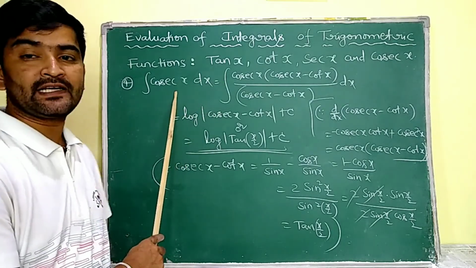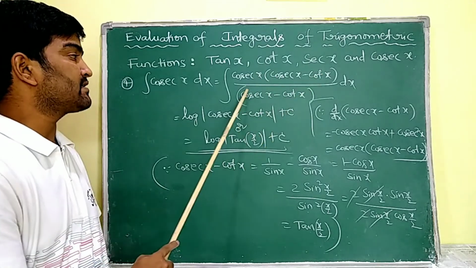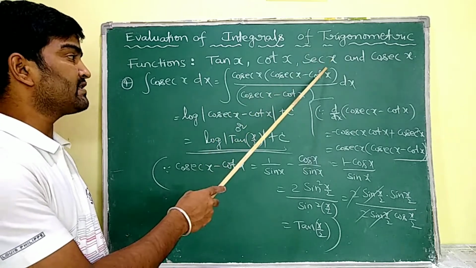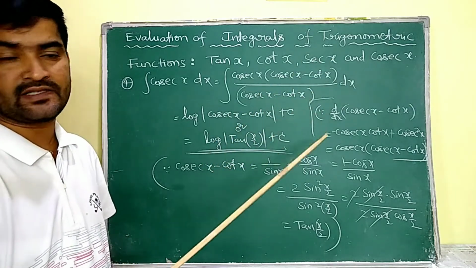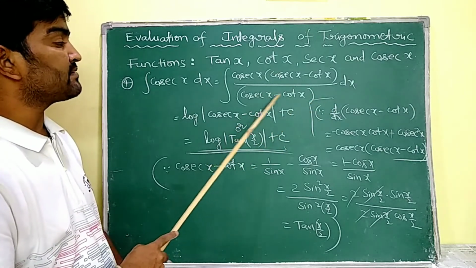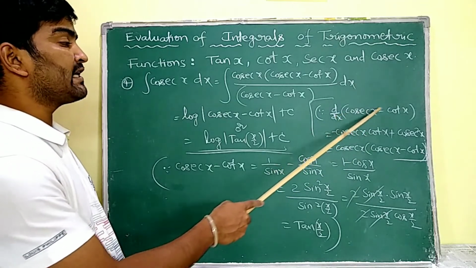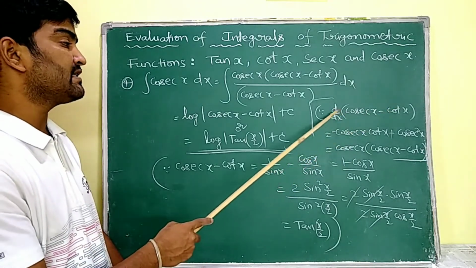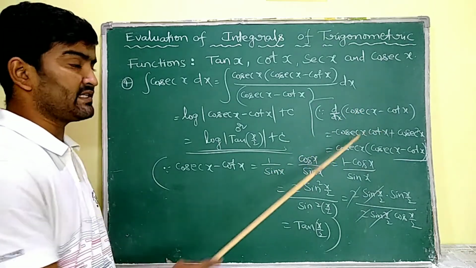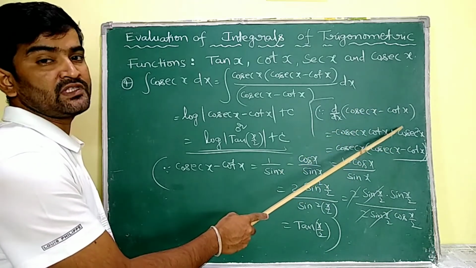Again I am going to write this as cosec x into (cosec x minus cot x) by (cosec x minus cot x), because this cosec x minus cot x is going to be cancelled. Now listen, I am going to calculate the derivative of cosec x minus cot x. d by dx of cosec x is minus cosec x cot x, and d by dx of cot x is minus cosec square x.